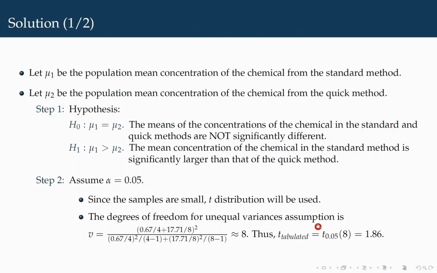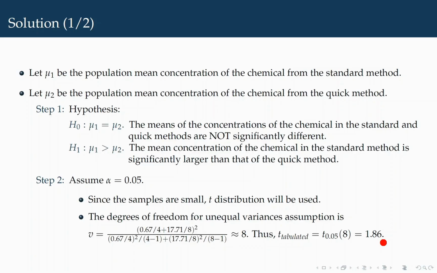So the degrees of freedom becomes around 8. So the tabulated or critical value is t 0.05. Why is it 0.05 instead of 0.05 over 2? Because here we have a one-sided alternative hypothesis. Therefore, this is just t alpha with 8 degrees of freedom. Then you can easily obtain this from a t distribution table, which becomes 1.86.